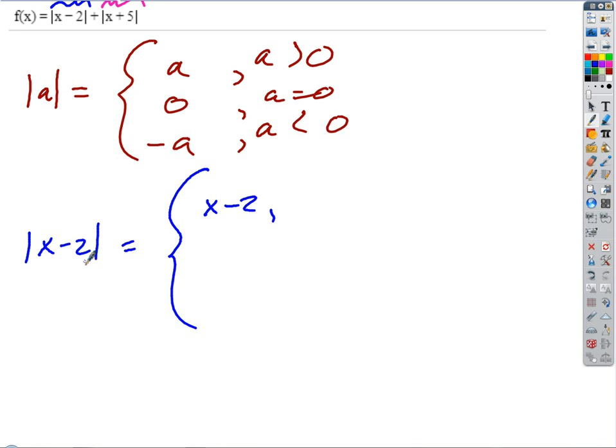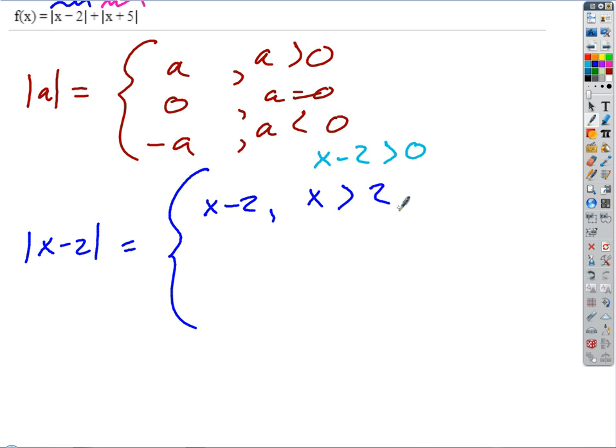So it's going to be equal to just plain old x minus 2 whenever x minus 2 is greater than 0. But x is our independent variable, so we want to write that domain in terms of x. So what's the one algebra step we have to do there? We've got to add 2 to both sides, right? And so the absolute value of x minus 2 equals x minus 2 whenever x is greater than 2.